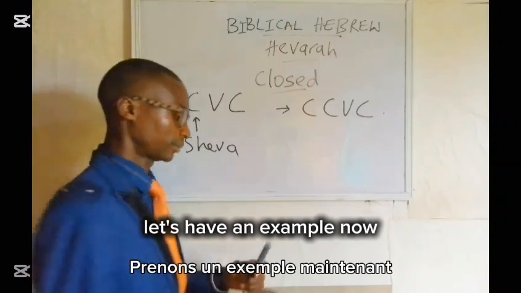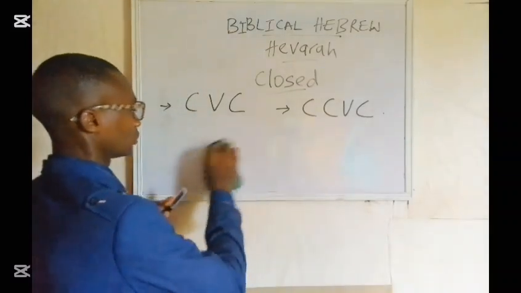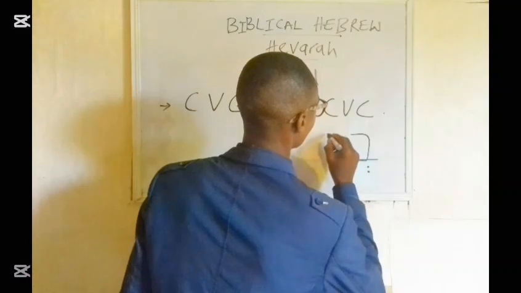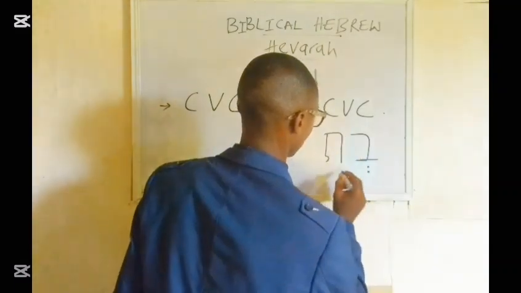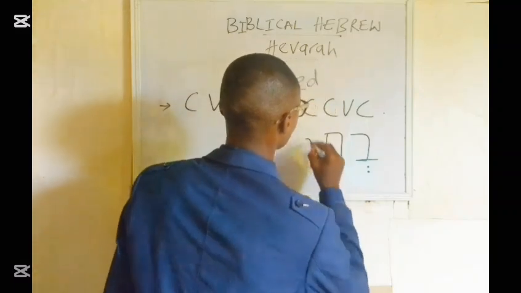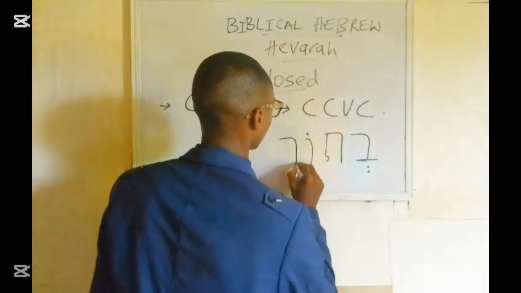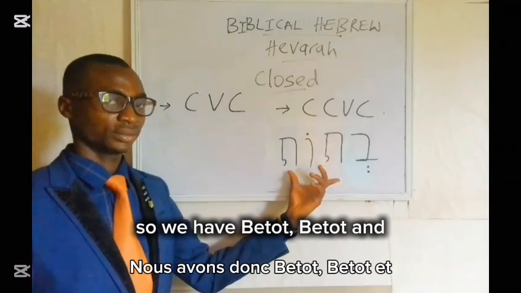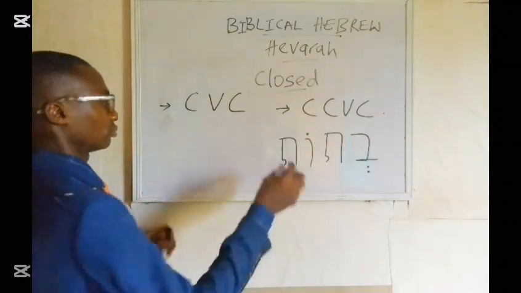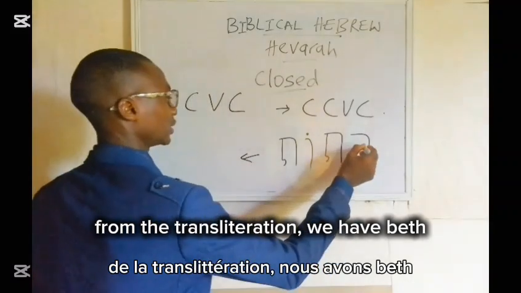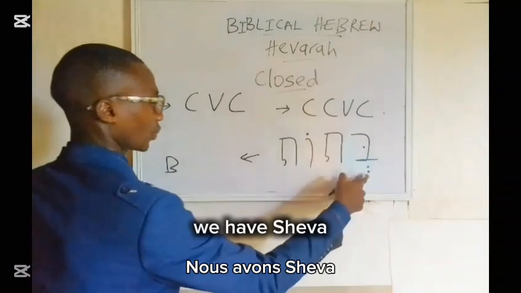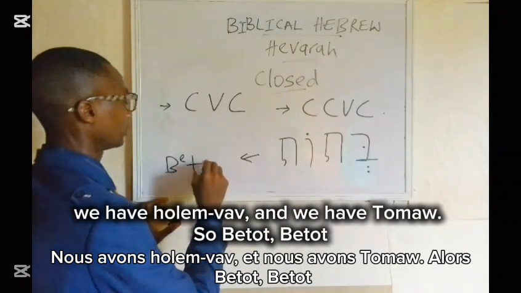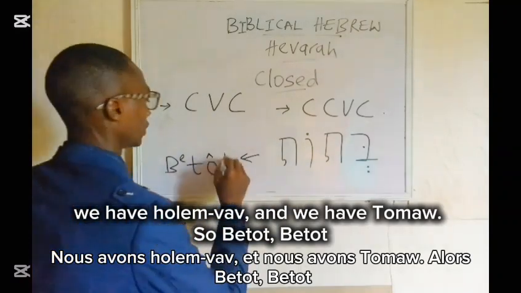Let's have an example now. So we have betot, betot, and from the transliteration we have bait, we have sheva, we have tav, we have olem vav, and we have tav.